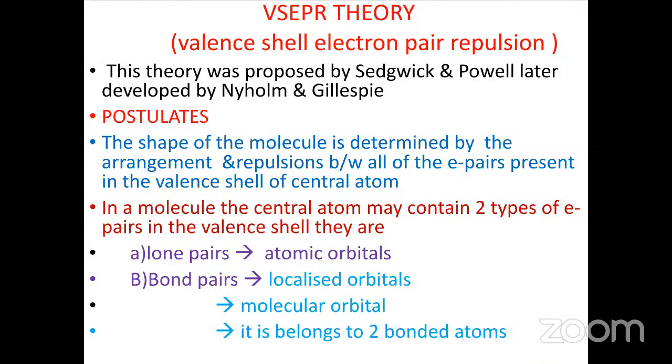These belong to localized orbitals. Localized orbitals are nothing but bond pairs. The orbitals involved in bond formation are called bond pairs, and these are also called molecular orbitals because a bond pair belongs to the two bonded atoms.